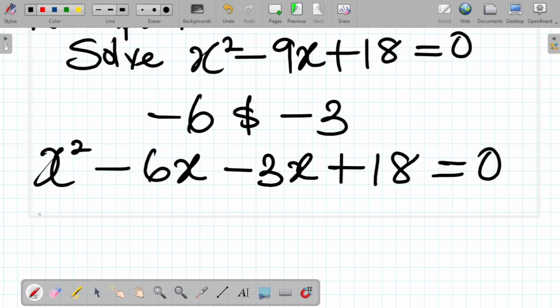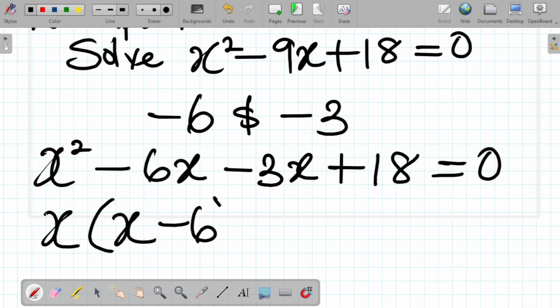The third task here is to factorize. Now let's take a number or variable which is common to both terms. The most common term here is x. So bring out x. X into x squared, we are left with x. X into 6x, we are left with 6.